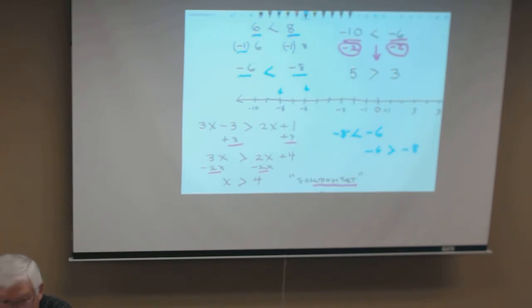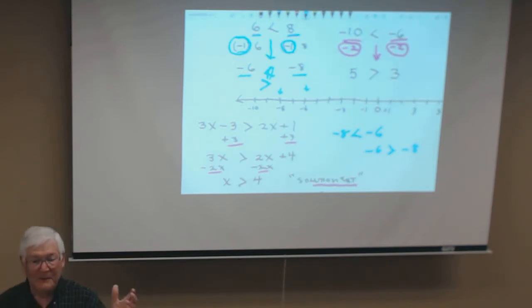Yes? And here's the rule that you have to write down if you don't remember it: when I multiply or divide by a negative number, I have to reverse the inequality sign to make a true statement.